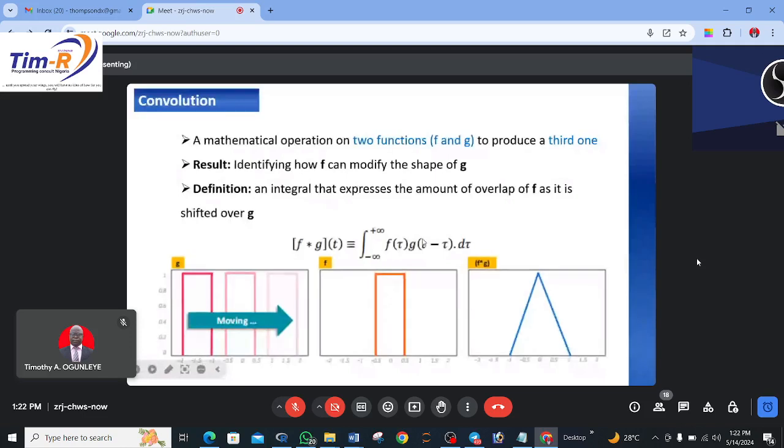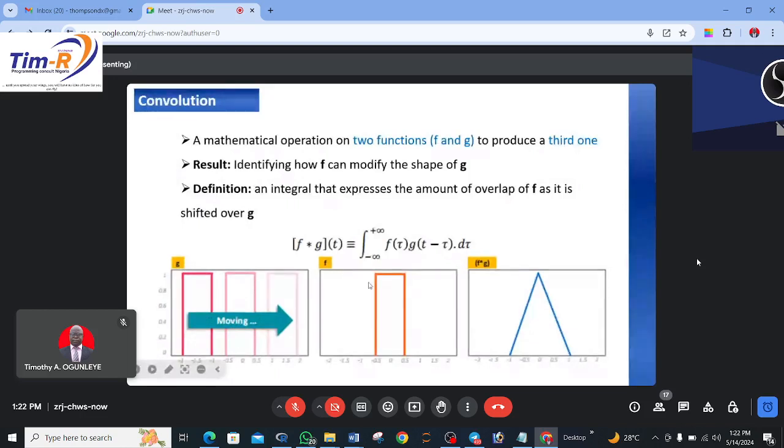We must have seen this equation before. Those in engineering must have seen this before, and those who did pure math must have seen this before. This is the way it looks: we have function g, which is moving, and we have f.